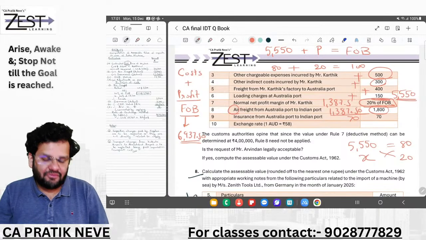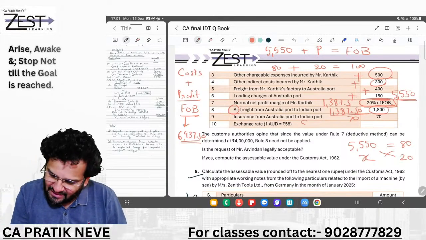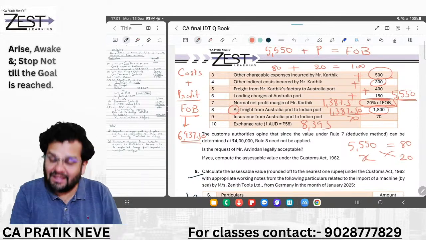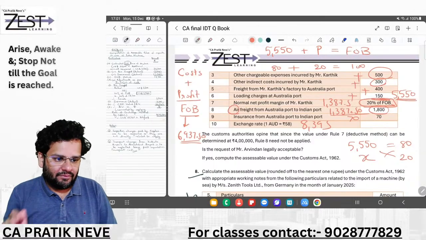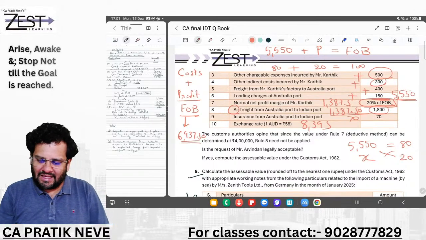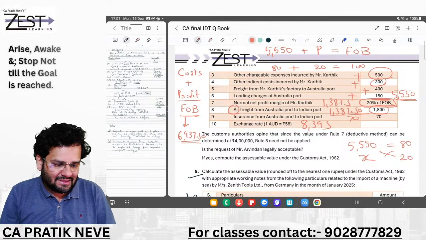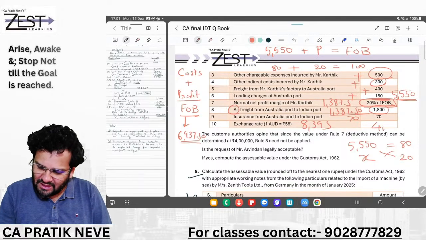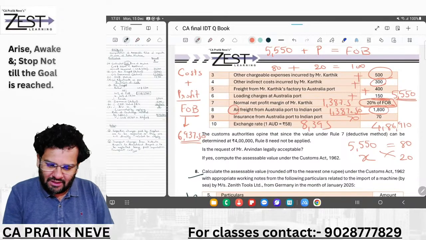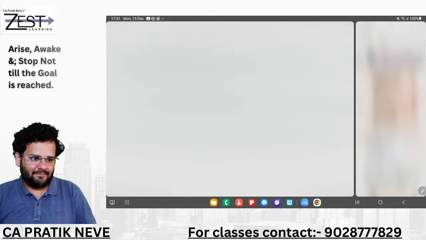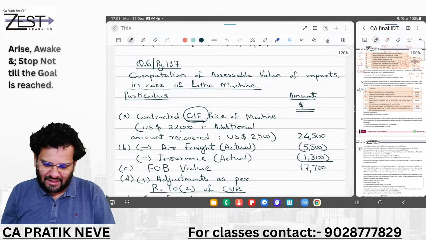I am getting it as 8395. Are you getting 8395 as your CIF value? That CIF value itself is assessable value, multiplied by 58. You will get assessable value in rupees terms. I am getting it as 4,86,910. Are you all getting 486,910?